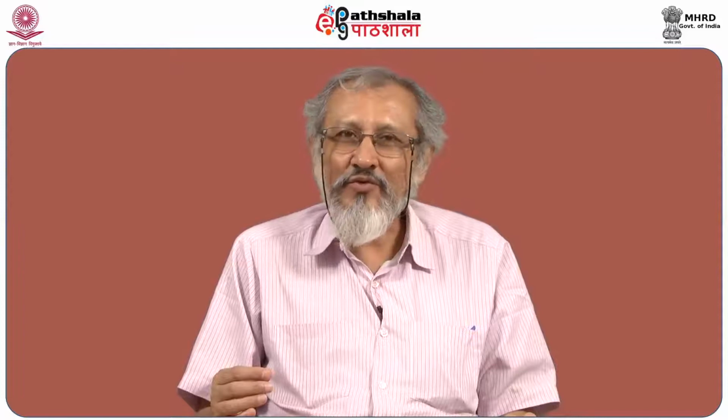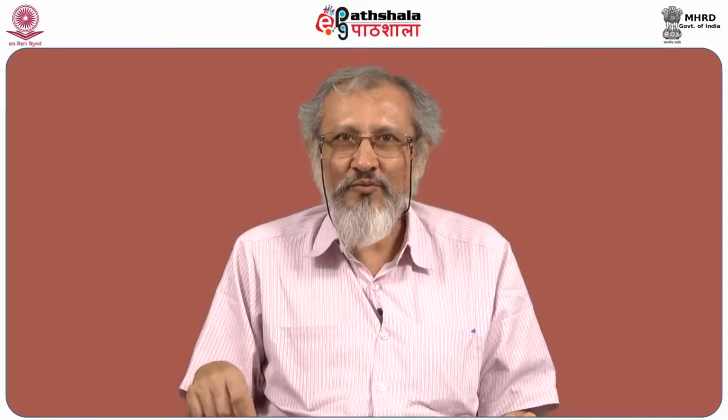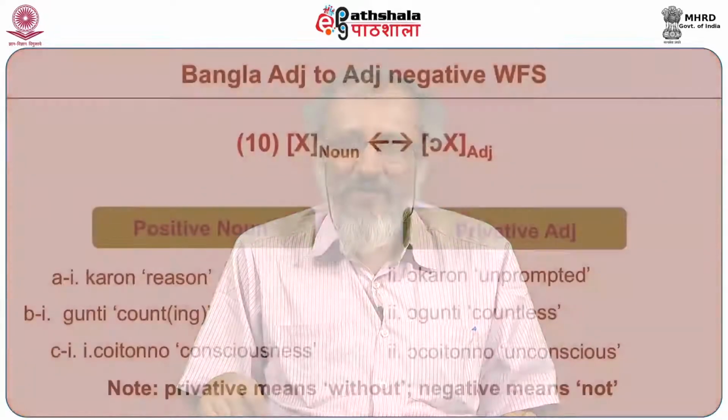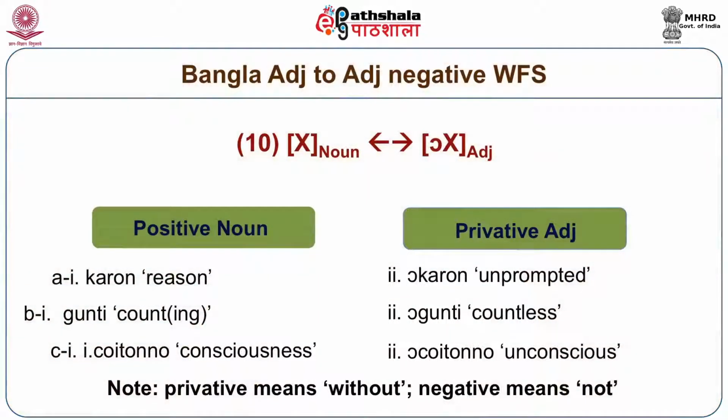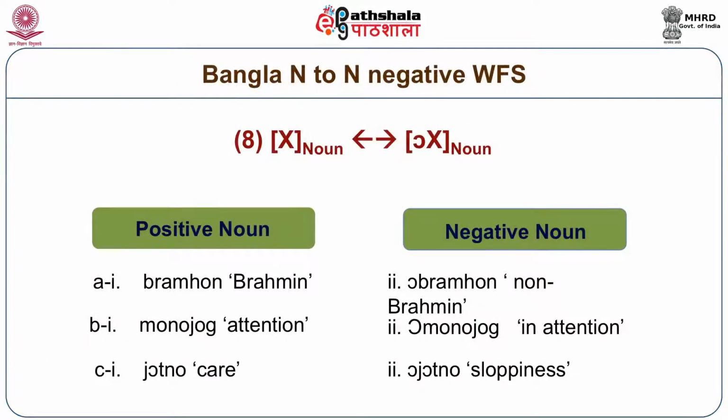If you look at the meaning, it is very difficult to unite the meanings not and without. Yes, they have something in common, but you'd be very hard put to define what it is that not and without have in common. In other words, when you look at ogunti, countless, which means without count, and compare that with Abrahman, not a Brahmin, it doesn't work.